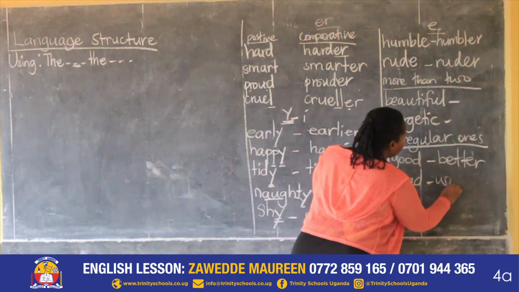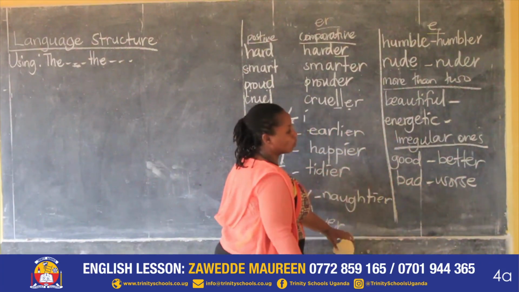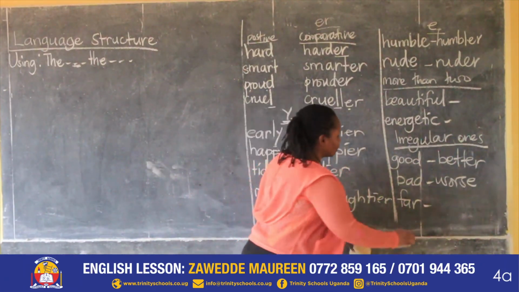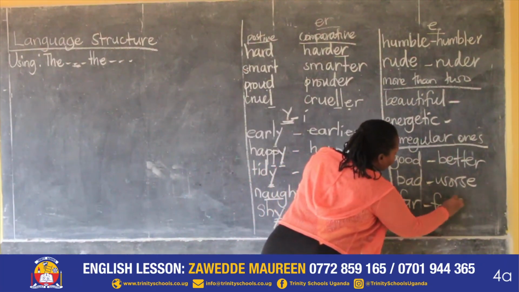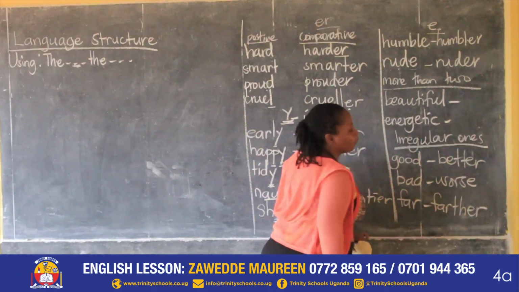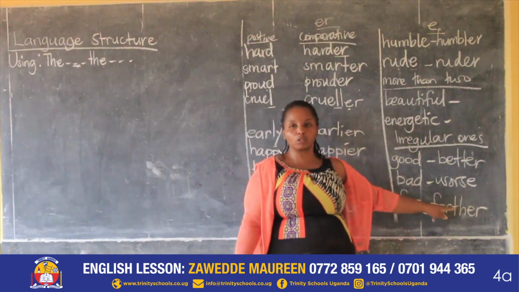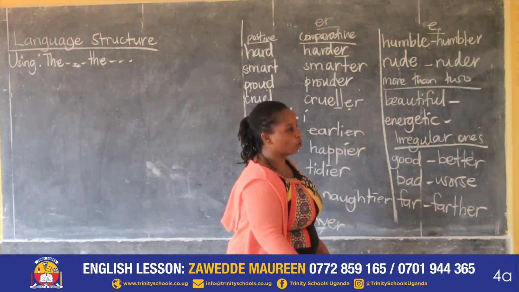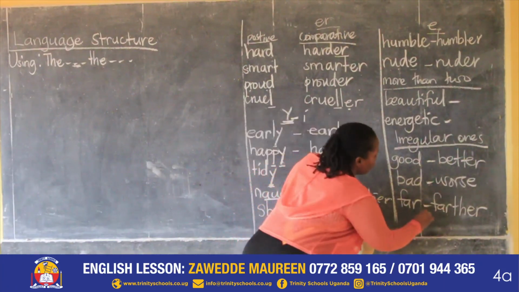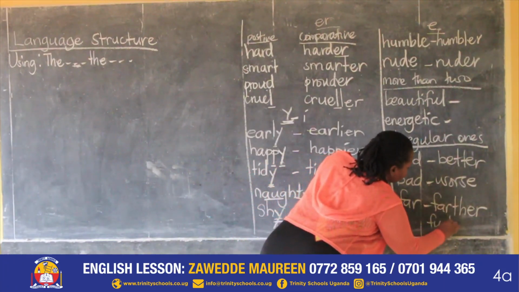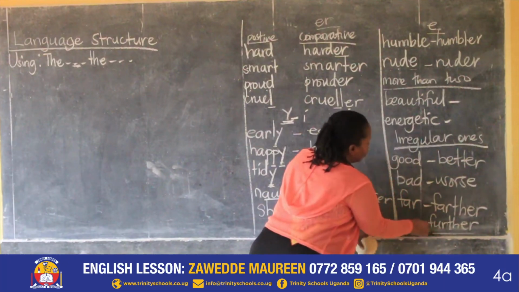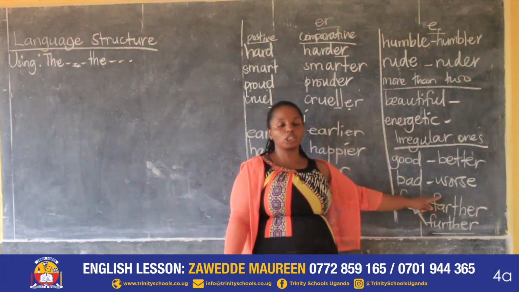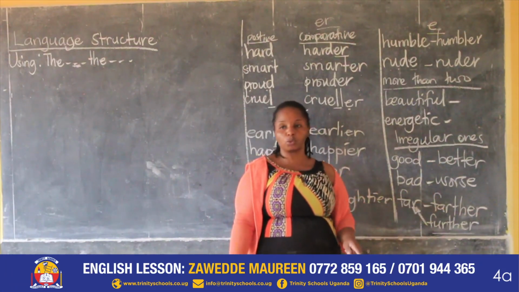These are things that you saw while you were still in primary 3. Then we have the comparative of the word far, which is farther. Farther refers to distance, only distance. Kampala is farther than Mbale from this particular place. Then we also have this other further, which is also a comparative of far, but not referring to distance. So this one has two.